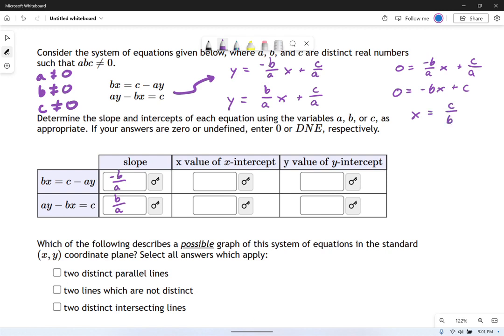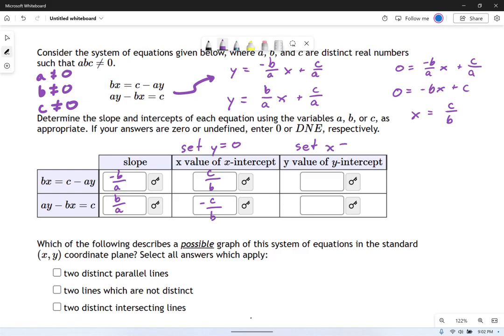That's the x-intercept from the first one, which I got by setting y equal to 0. If I do the same procedure for the second one, which I'll skip for now, it would be negative c over b.